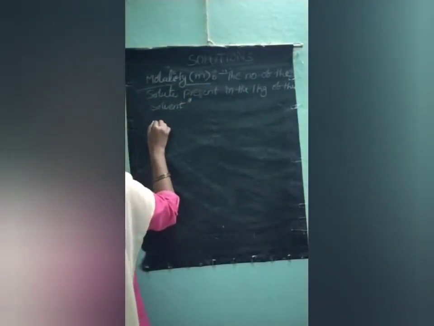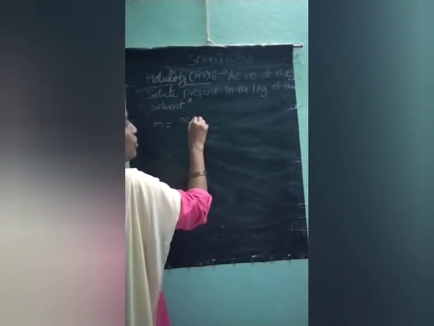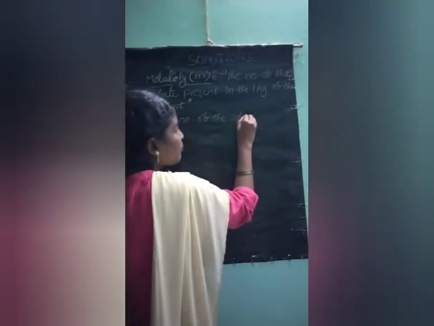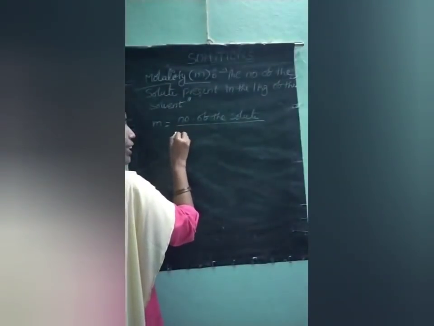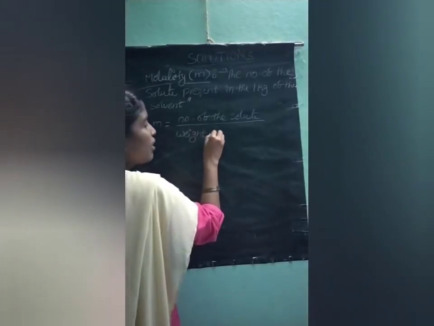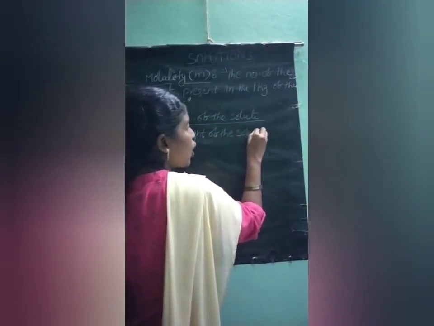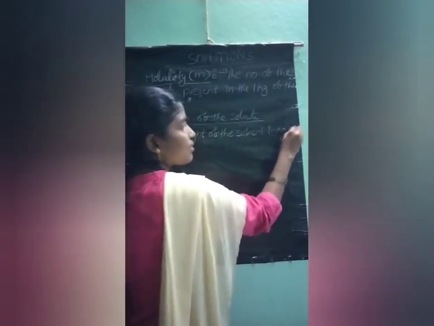The formula for molality is equal to the number of moles of the solute by the weight or mass of the solvent in kg.